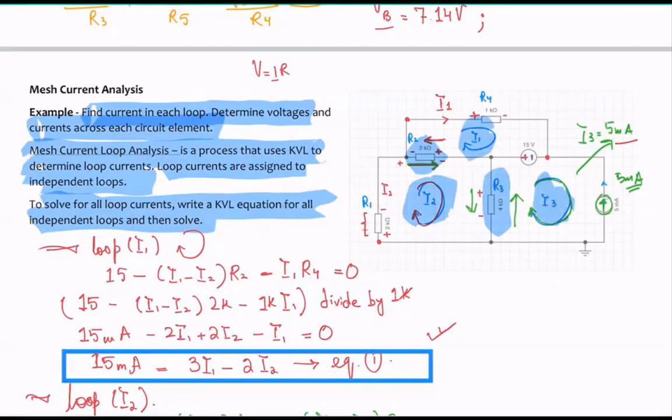What we could do, the voltage across this resistor R4, say V4, is I1 times R4. I1 is known now, right? Similarly, this V1, the voltage across R1, is going to be I2 times R2, correct? So with this, you should be able to find out the voltages, and using those, you should be able to find out these node voltages over here also.